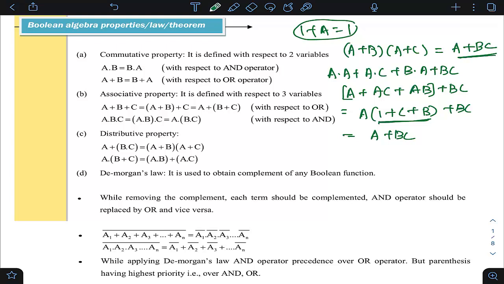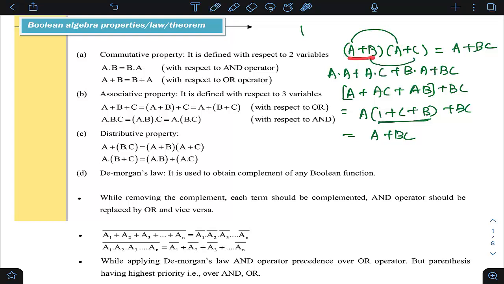So the shortcut we can notice from this simple relation is, whenever you are finding the AND combination of two terms, and in these terms the first variables are the same, like here this is A and here this is A, then the resultant answer will be the AND combination of the first variables plus the AND combination of the second variables.